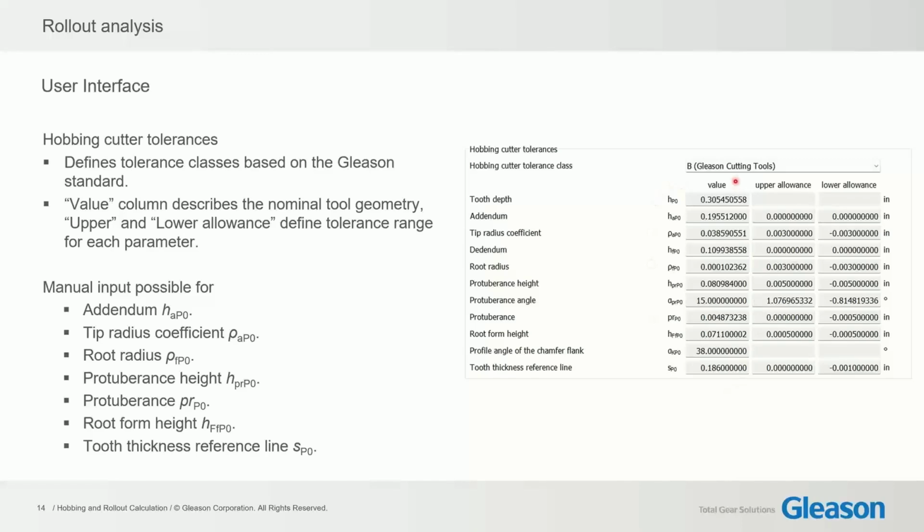So there is a value of the tool parameter, and then we also have a definition of the upper and lower allowance. Manual inputs are not possible for all. Depending on the tool geometry, we can define inputs for the addendum, tip radius, root radius, protuberance height, protuberance amount, root form height, and also the tooth thickness reference line.